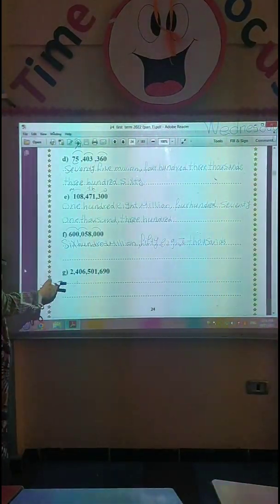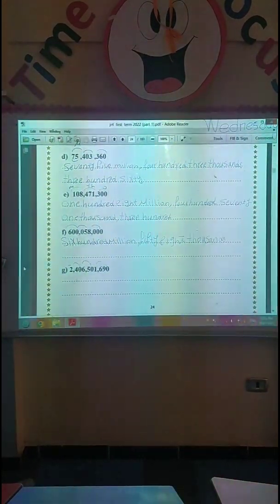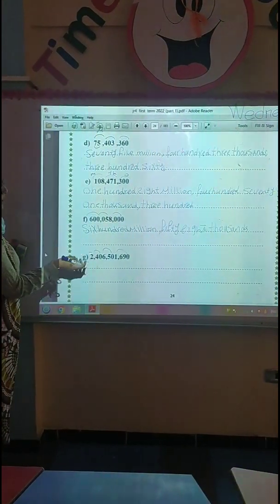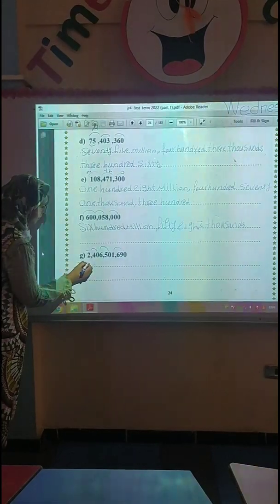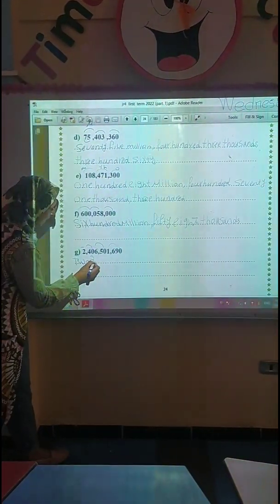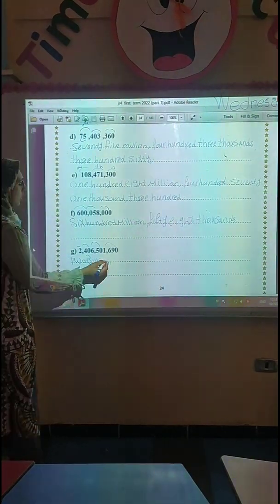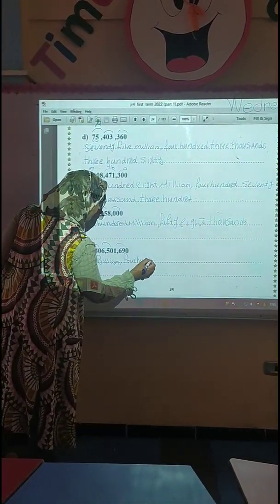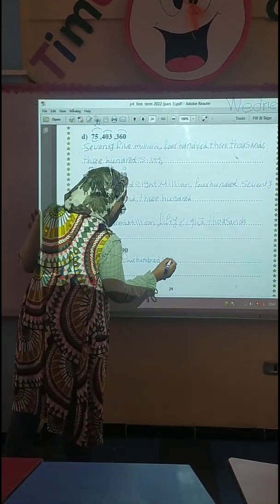The last one, separate the periods. Here is the period of the billion or million. The same, billion and million are the same. So I'm writing what? 2 billion, comma, 400, 6 what?